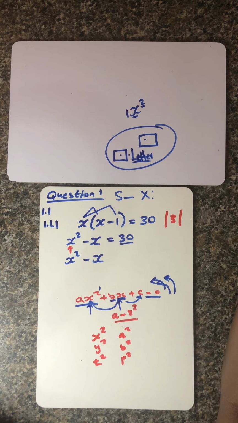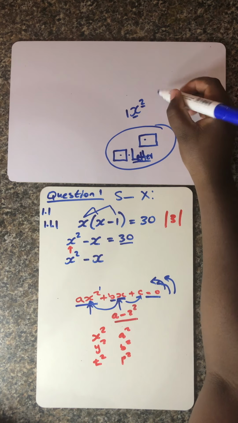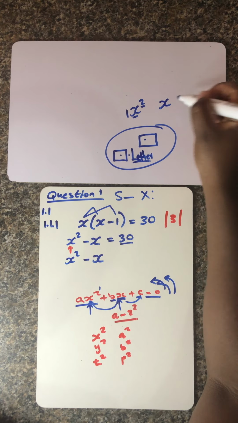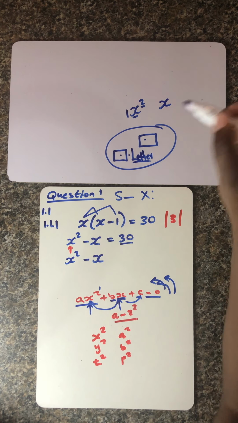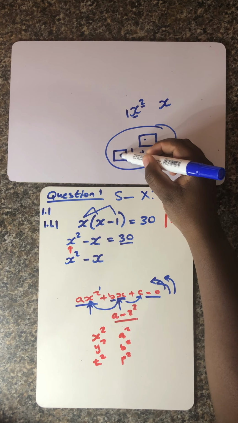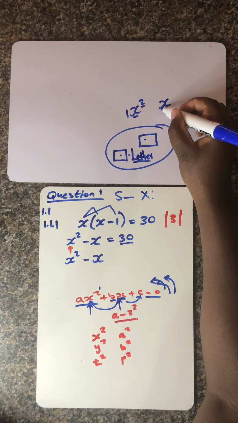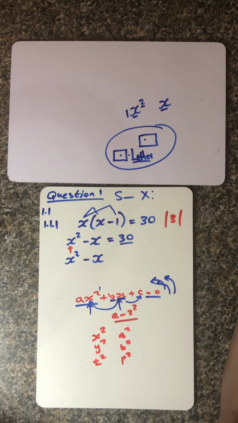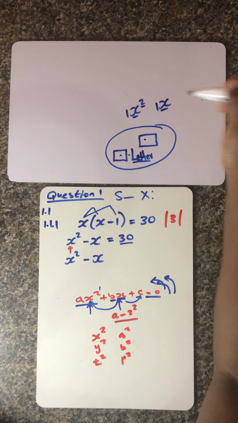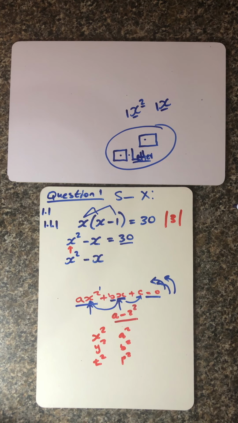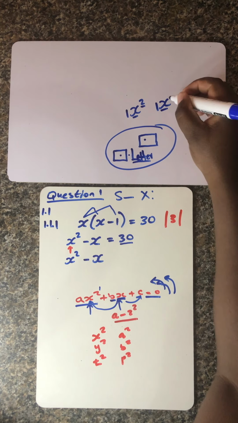Guys, I'm not sure if you understand what I'm trying to say. What if we just have x, ladies and gentlemen? If you have x, what is the number on that term? It's 1, which is not necessary to write. What is the exponent there?